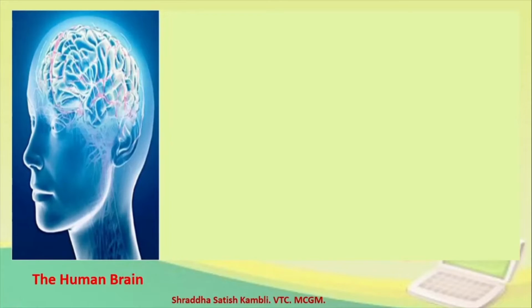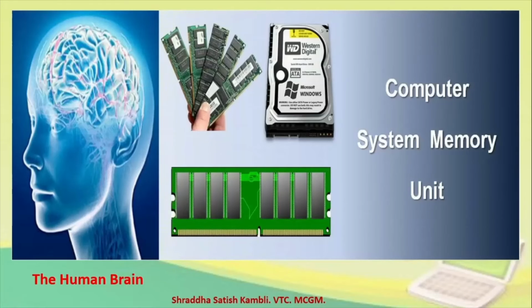Okay, so just like the human being has got a brain and a memory, the computer also has got a brain and memory of its own. See, these are all the places where the computer stores the information. Just like the human being has got a brain in which we store information, the computer stores information on these memory units.